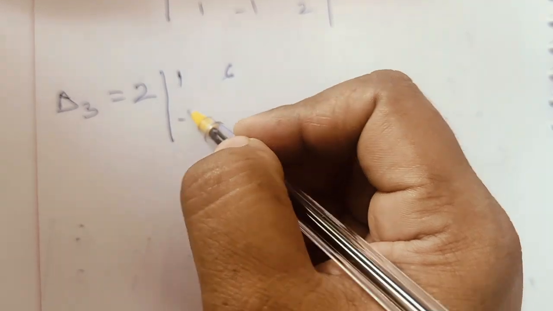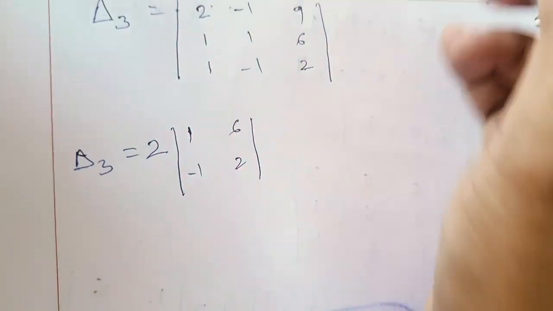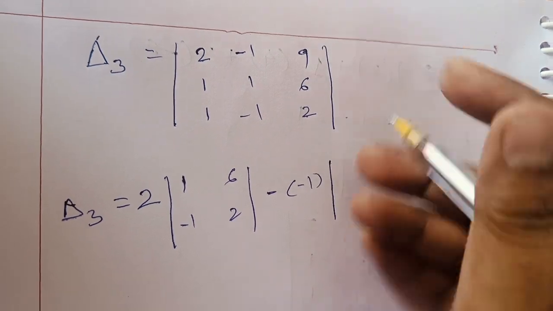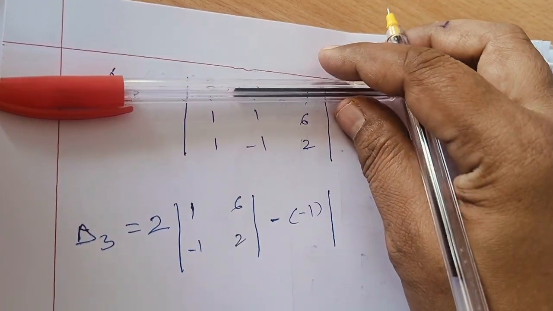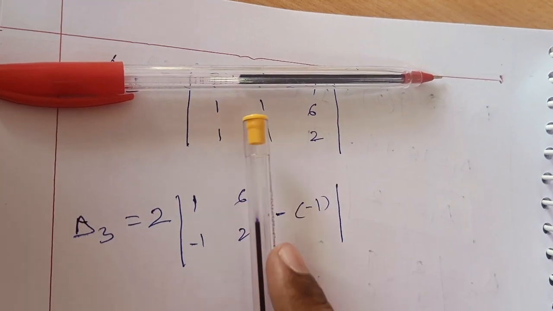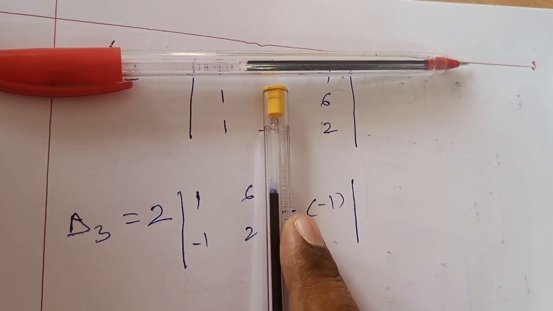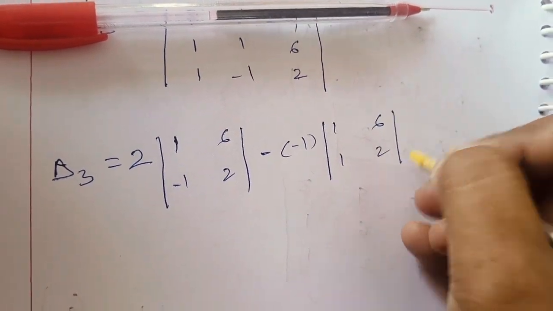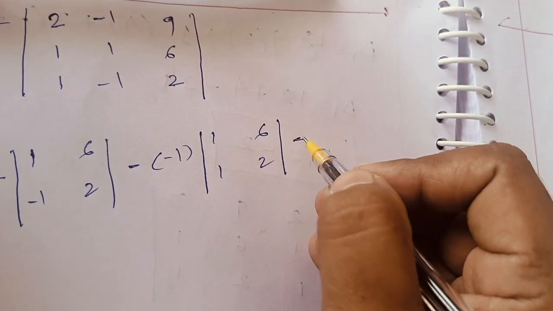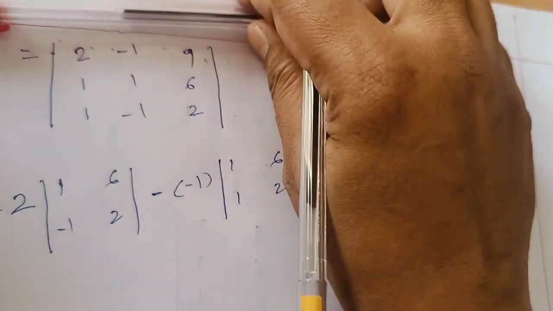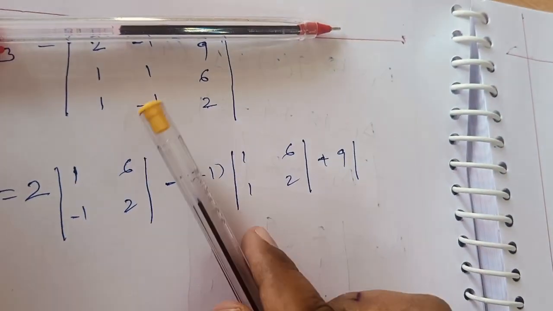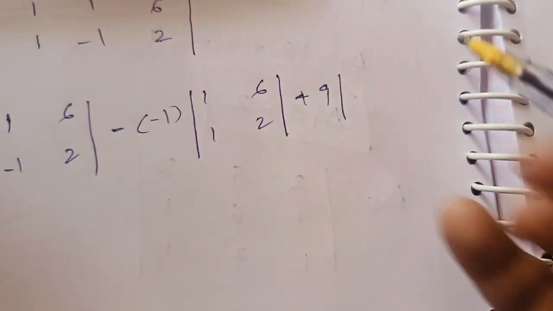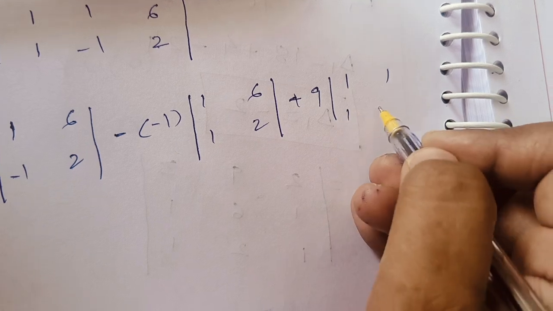Second term minus 1 into, hiding first row and second column, we get 1 6 1 2. Plus 9. Now here we get 1 1 1 minus 1.